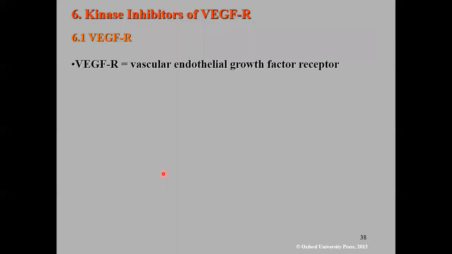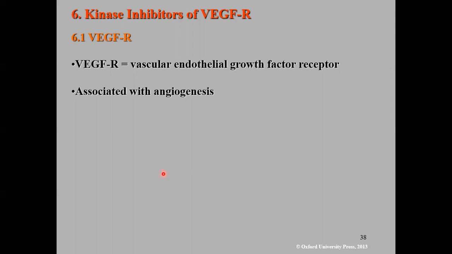All right. Now let's talk about the kinase inhibitors of VEGFR, the vascular endothelial growth factor receptor. So what is the VEGFR? As I said, it's short for vascular endothelial growth factor receptor.